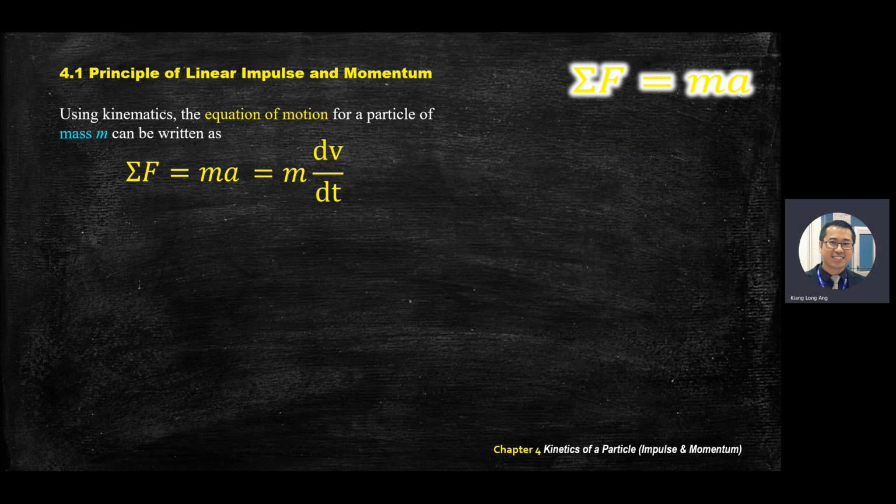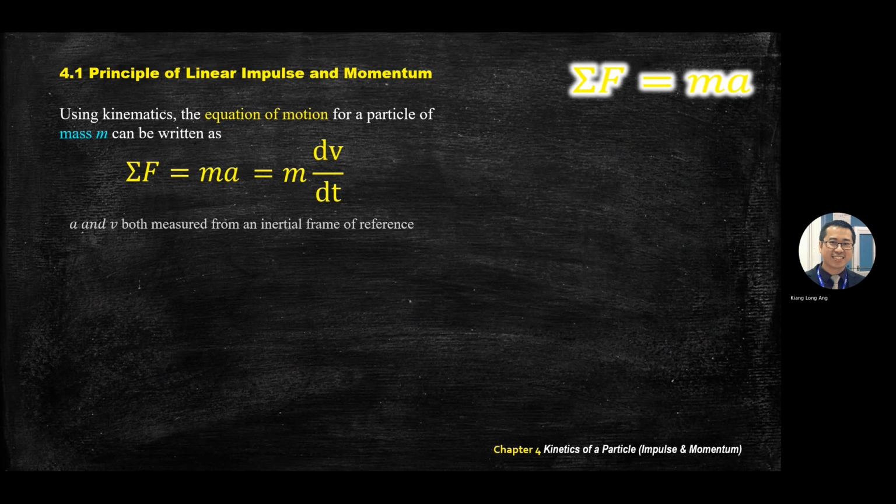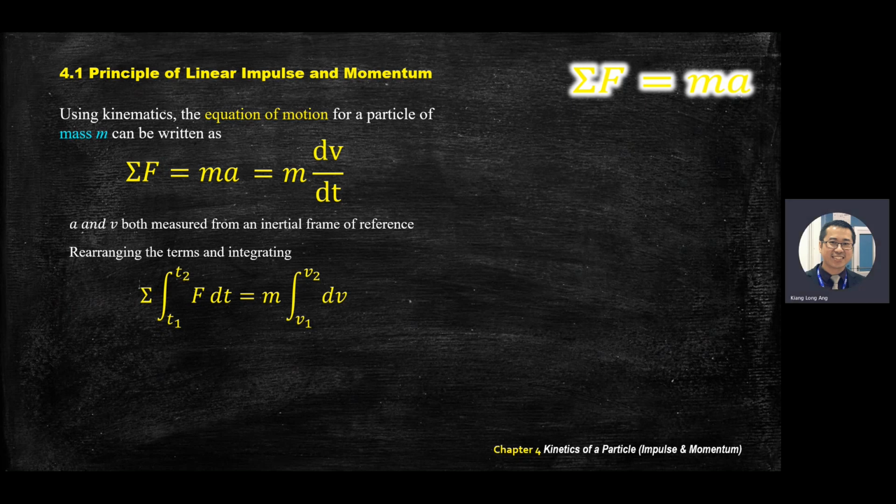And how does this come into the picture? We use the chapter 2 concept F equal to ma. I'll show you on the whiteboard. You do integration, dealing with t1 to t2, v1 to v2.